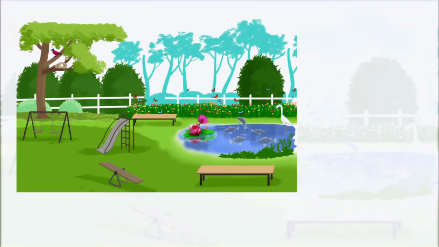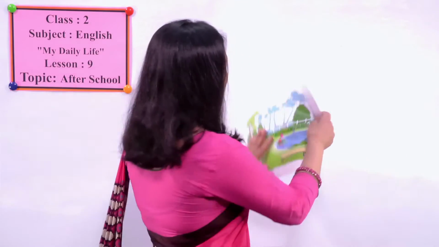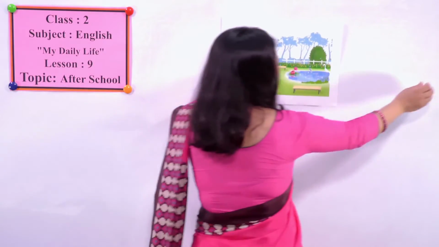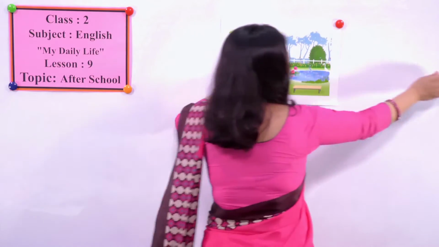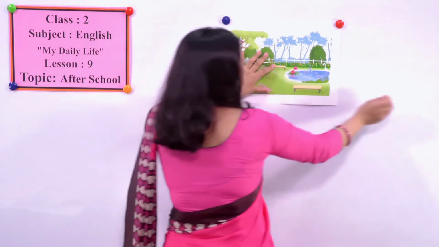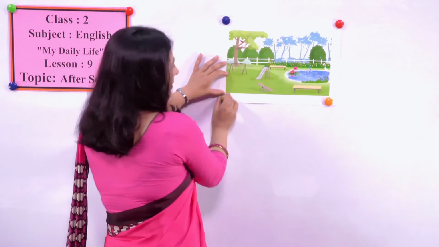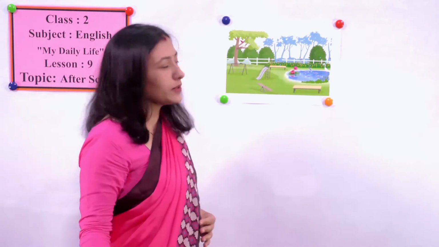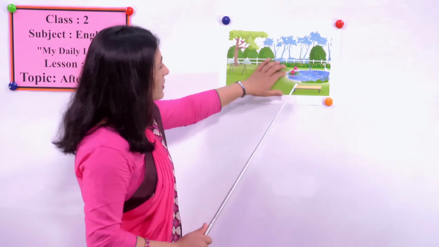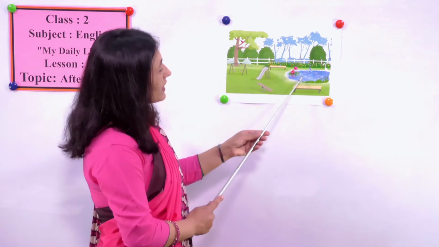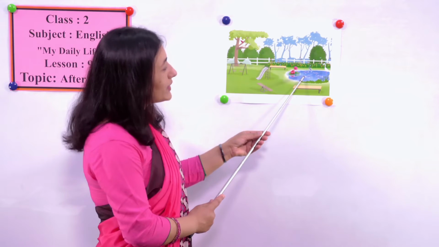Okay, let me paste the picture here and let's talk about the objects or things that are given in the picture. Now look at the picture carefully here. So first tell me, what is it? You have already told.